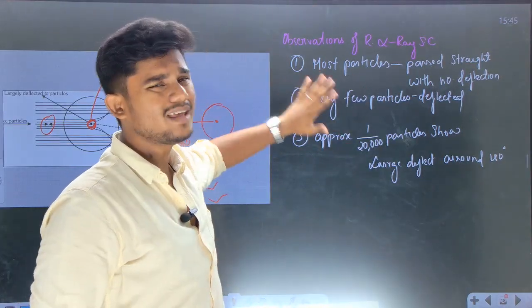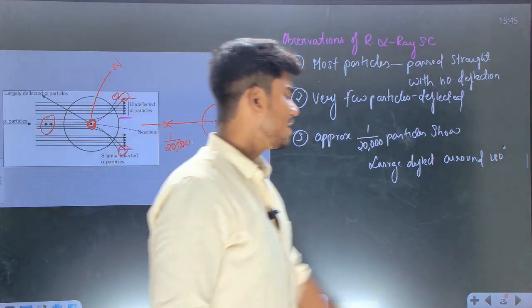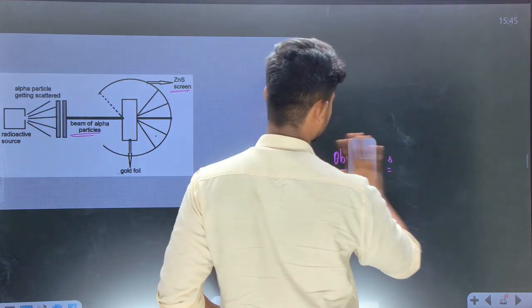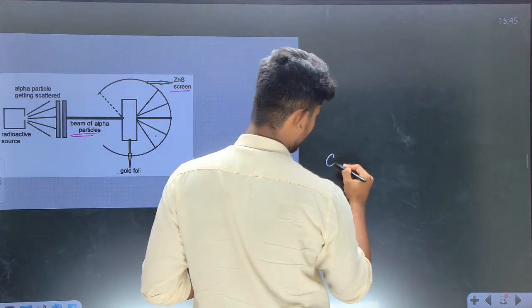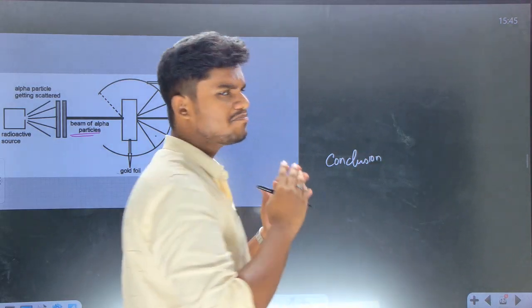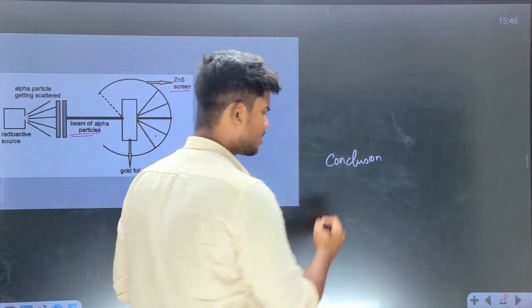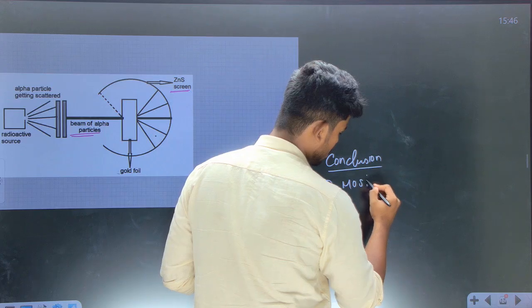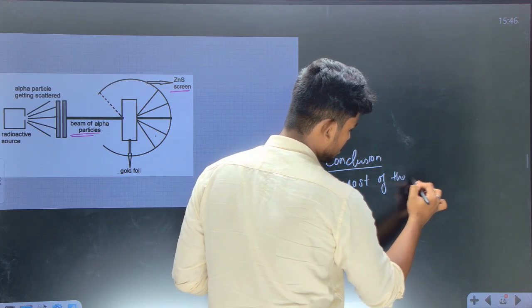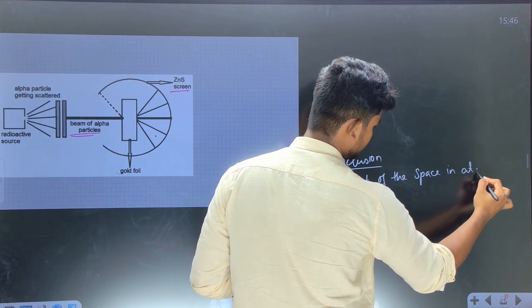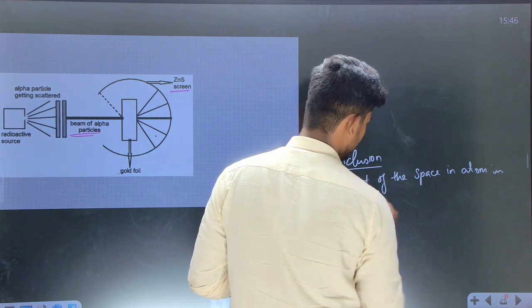These were his three most important observations that led him to three important conclusions. Since most of the particles passed through freely without any deflection, his first conclusion is that most of the space in an atom is empty.